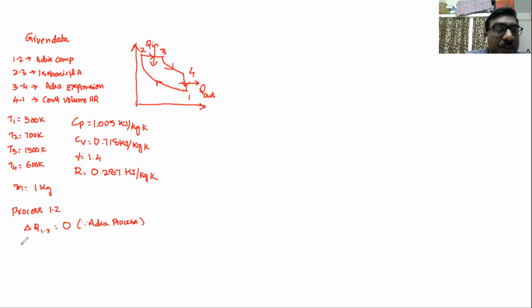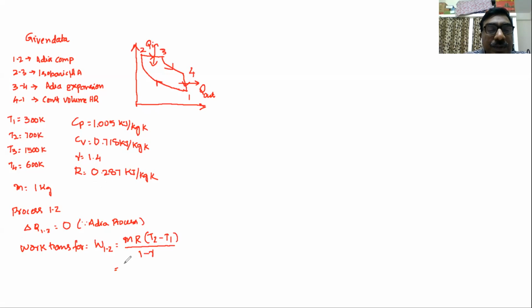Now we have to see what the work transfer is. Work transfer is W1 to 2. We are doing work on the system. Okay, so this is nothing but m into R into (T2 minus T1) divided by (1 minus gamma).